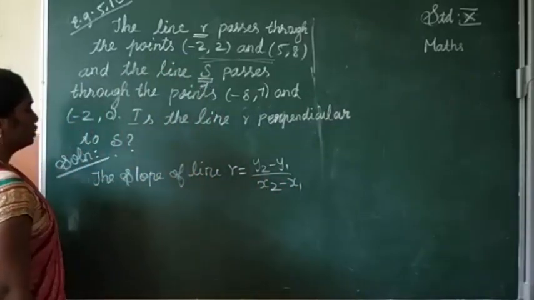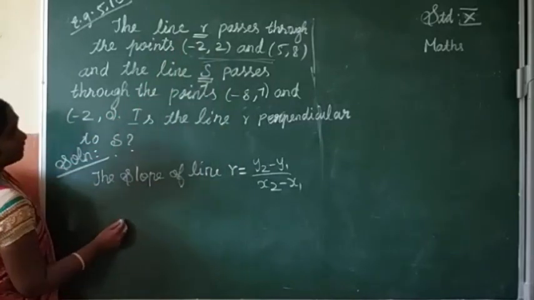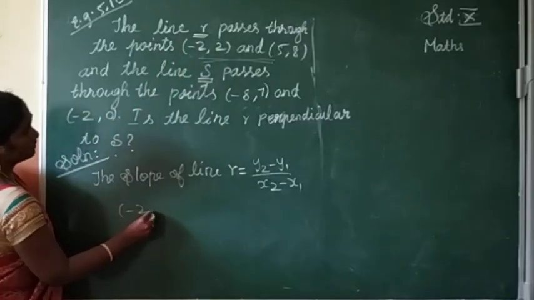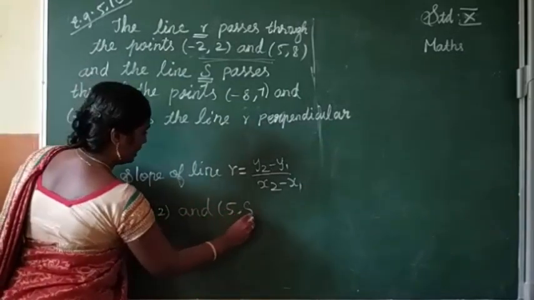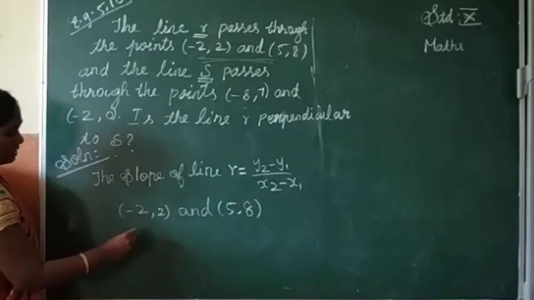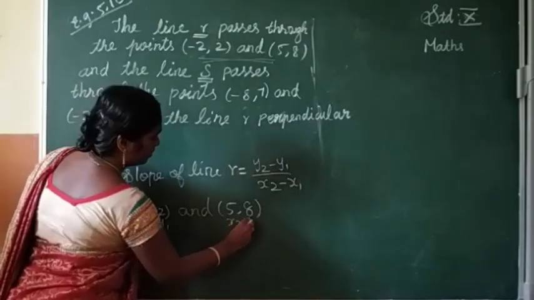So here the 2 points are already given. What are the 2 points for line R? Minus 2, 2 and 5, 8. This is the points for line R. So take this is x1, y1, this is x2, y2.